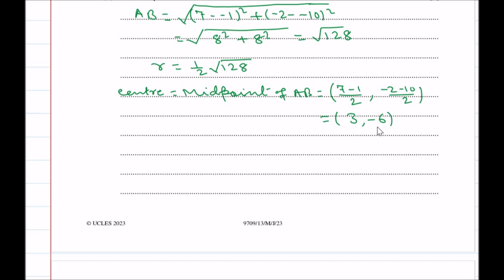Now we have the center, we have the radius, so we can find the equation of the circle. This is what the question is asking. So the equation of the circle is (x minus a) whole square, where a is the x coordinate of the center, that is 3 here, plus (y minus b) whole square, that is (y plus 6) whole square, equal to r square, where r is 1 by 2 root under 128.